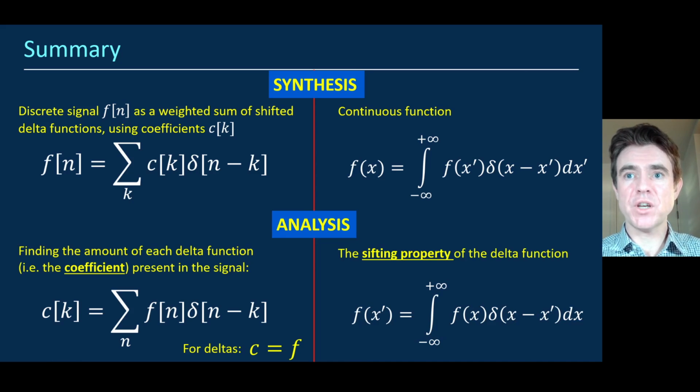And then the analysis case, also known as the sifting property of the delta function, is where we say, to find that amount of a delta function that when added up can recreate your function, to find that coefficient, we use this sifting property, which is best explained as follows. You take your function f of x, and multiply it by a delta function shifted to position x prime. Then we know that that's going to be picking out the function value where x is equal to x prime once we've done the integral.